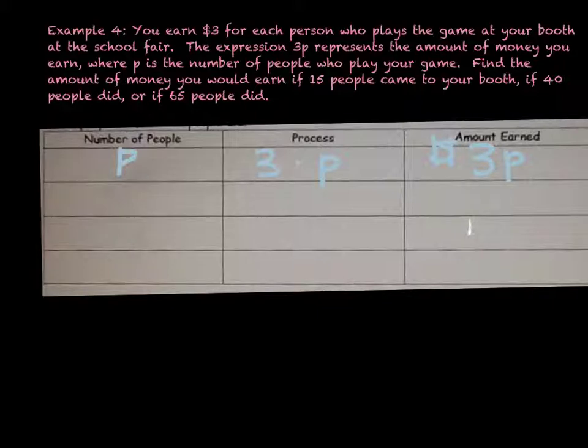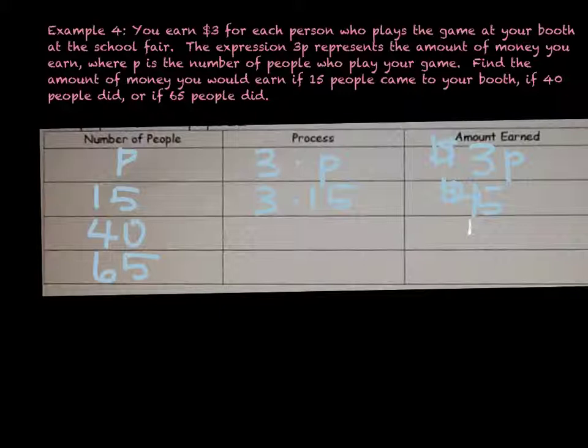However, the question asked me for a couple different values. They wanted to know if I get 15 people, what will happen? If I get 40 people, what will happen? And if I get 65 people, what will happen? So in essence, I'm using that same expression for 3 different values this time. So if I replace my p, my number of people, with 15, I'm going to do 15 times 3 for those $3 for each person to figure out that I would earn $45.